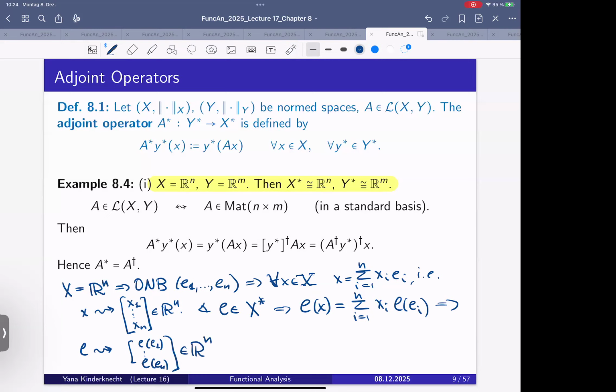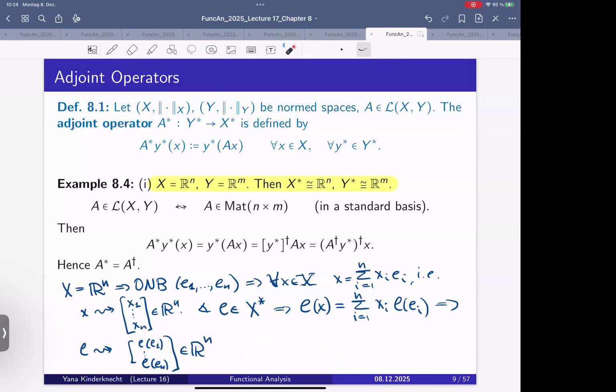And this is exactly the way this topological dual is identified with R^n itself. And since we have X star and Y star, instead of using the notation L for linear functionals, we use a more suitable notation: linear functionals on X are denoted by small x star, and linear functionals on Y are denoted by small y star.